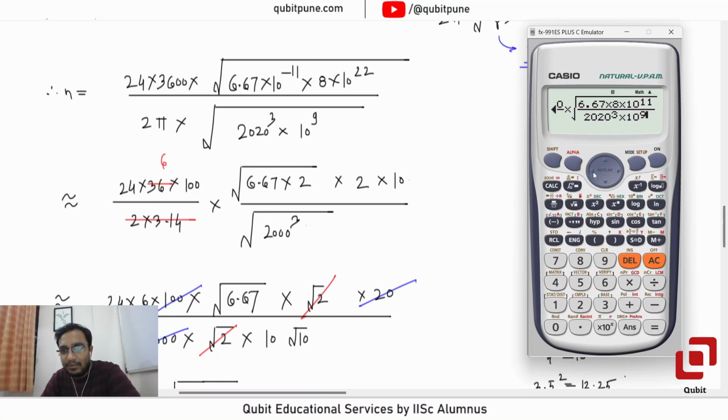Let's see how much we get if we take it as 2000. 11.23. And I have approximated pi as 3.14, so that is not changing much.